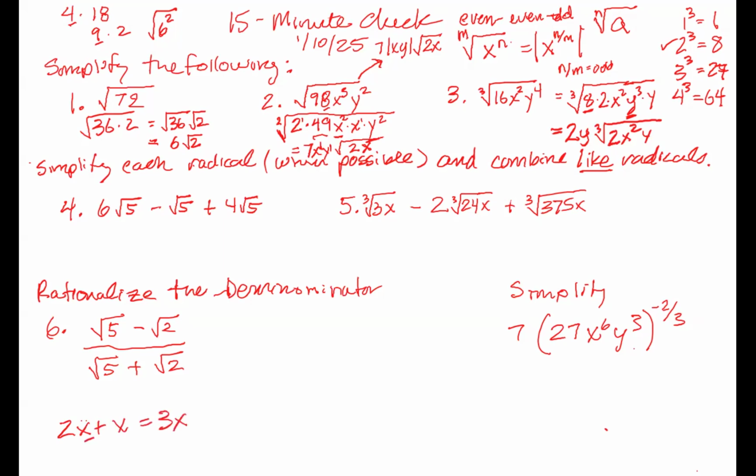These are the same variables with the same powers, and when they're the same variables with the same powers, they're like terms. The number out front tells me how many I have. So I have 2 x's, and then I'm adding another x. I'm adding 1. We don't write the 1, but this is 1x. So this can combine to give me 2 plus 1, or 3 x's.